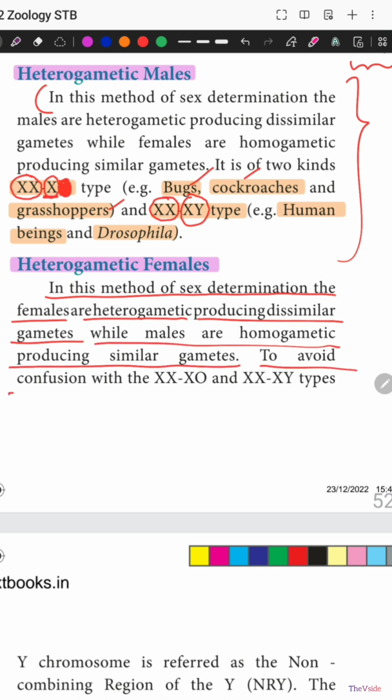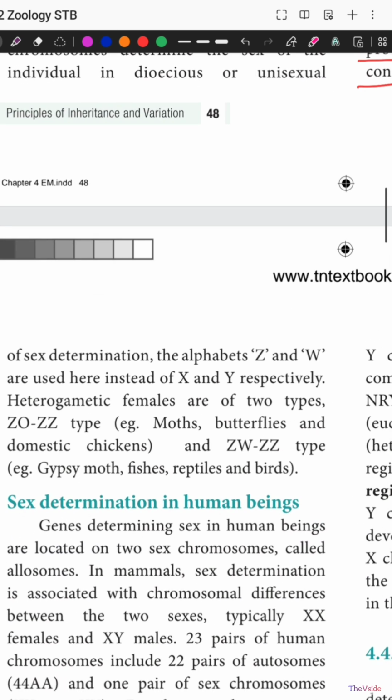To avoid confusion with the heterogametic male type of sex determination, we are going to use here the alphabets Z and W instead of X and Y respectively.